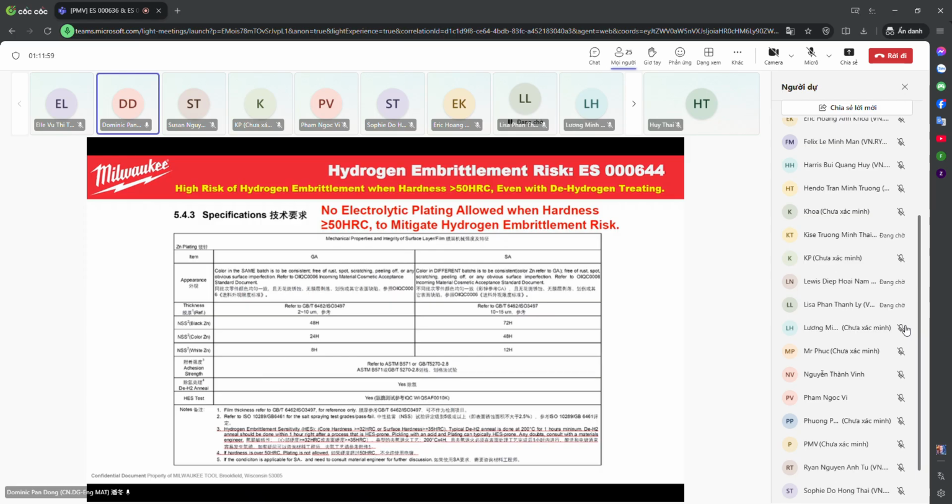And here, there's another red line for our parts. For any steel parts, if the hardness goes up to 50 HRC or above, we strongly limit or prohibit the application of electrolytic plating or some kind of acid pickling, if any.